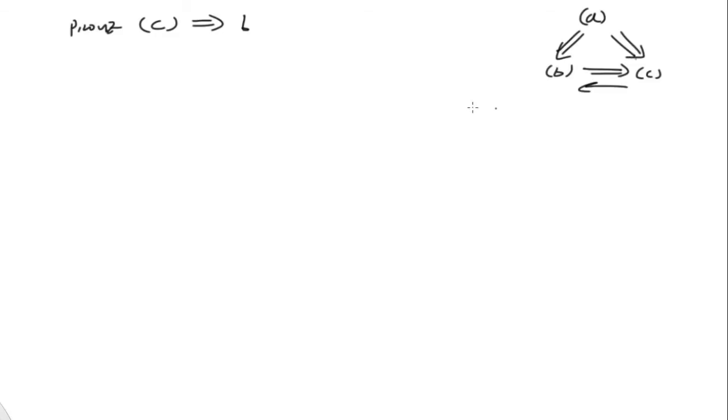So we want to prove that C implies B. Again, I'll put that up there. We have A. We've had that implication, and we had that implication. So now we just need to go back to fill in that one, and that's really simple.